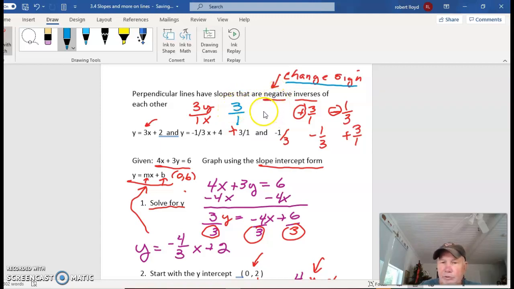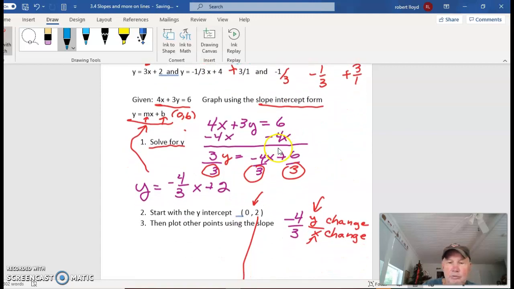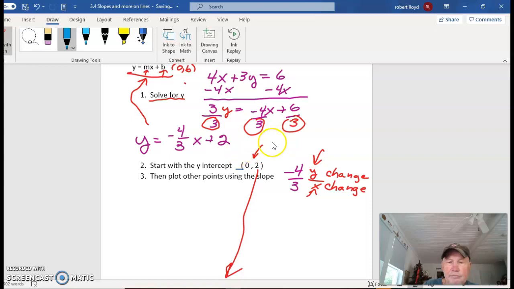This is a positive, so we're going to make it a negative. And then we invert the fraction. Instead of 3 over 1, it becomes 1 over 3. So not only is the fraction inverted, it has to be of opposite sign. We have done this one already.